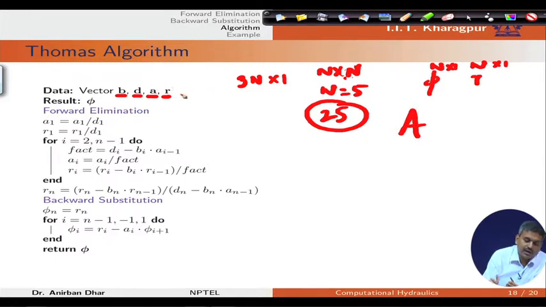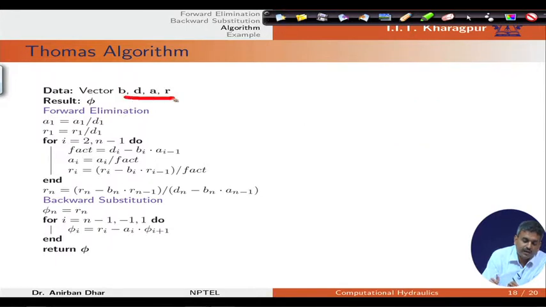So, these are inputs. Now, the output or result is phi.